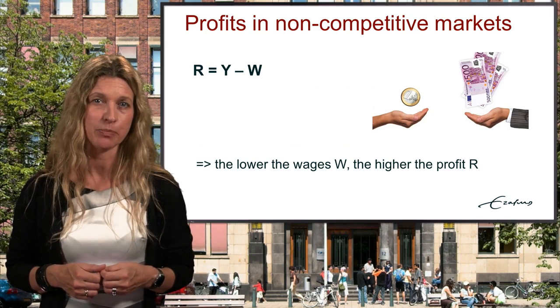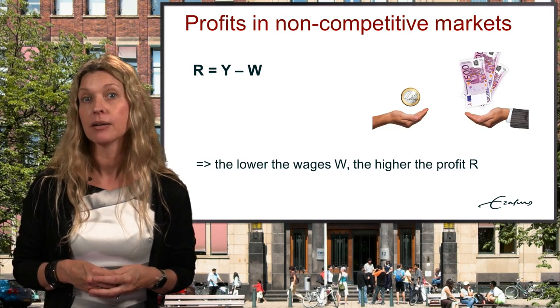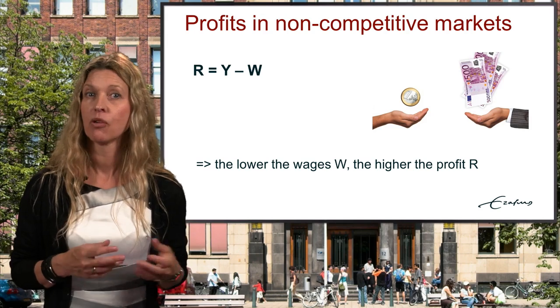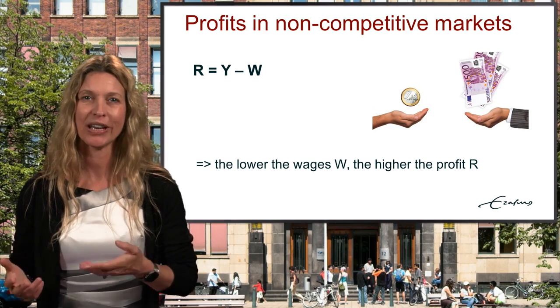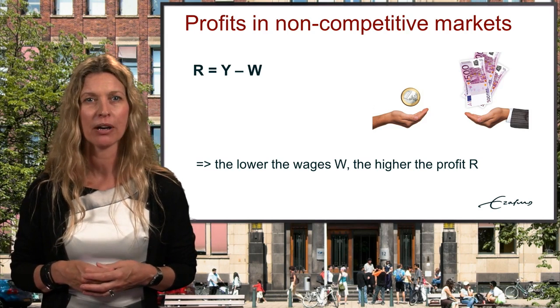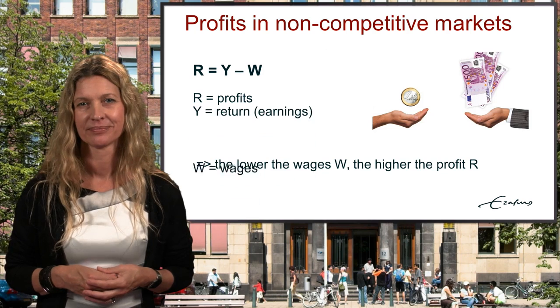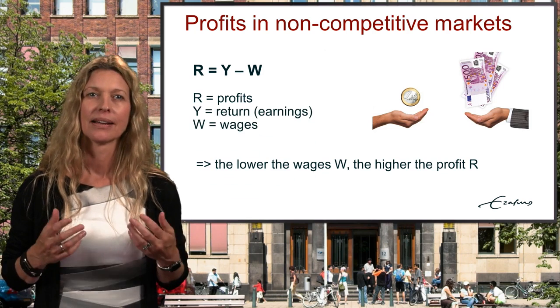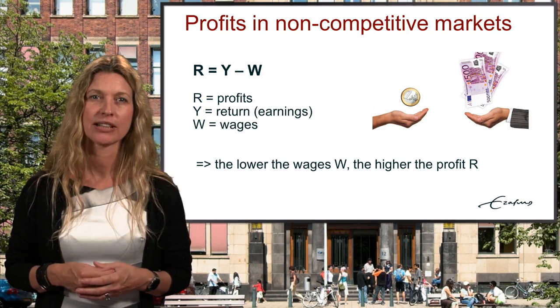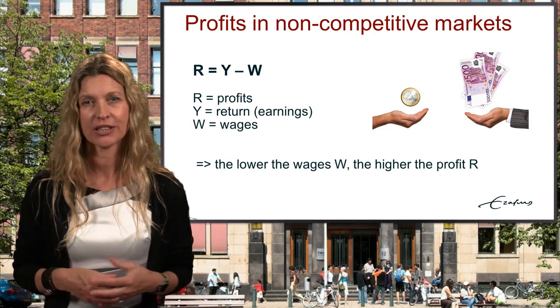Profits are, as before, big R, which is determined by Y minus W, revenue minus wage cost. I'm confident that by now you remember what each symbol stands for. This simple definition points out that the higher the wage, the lower the profit rate, and vice versa.